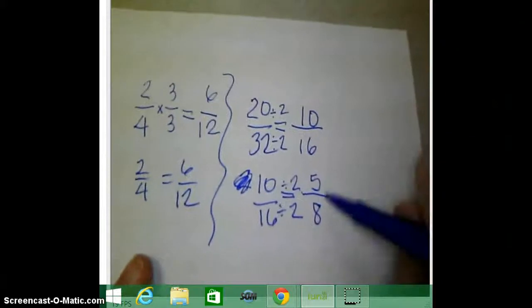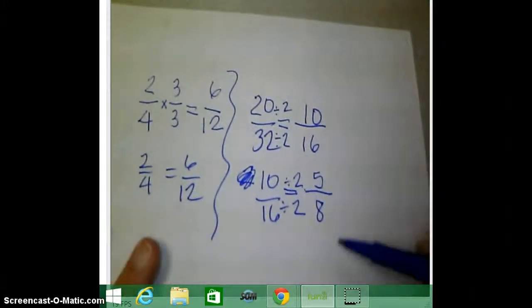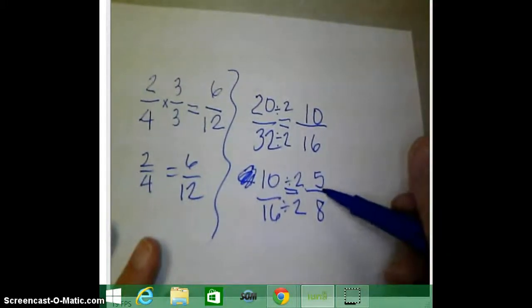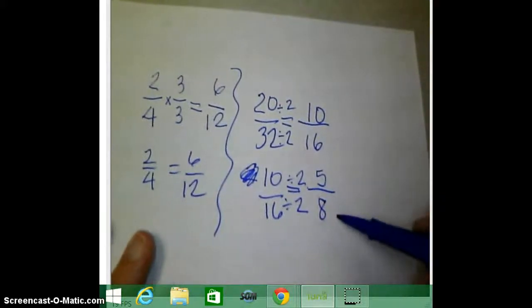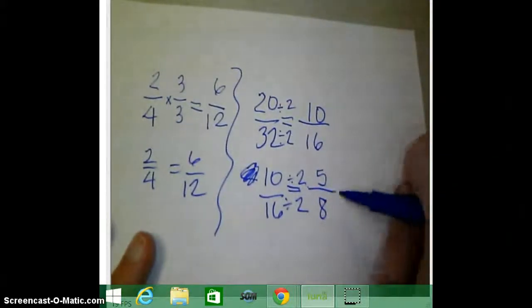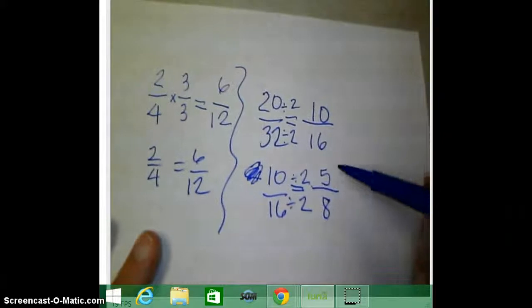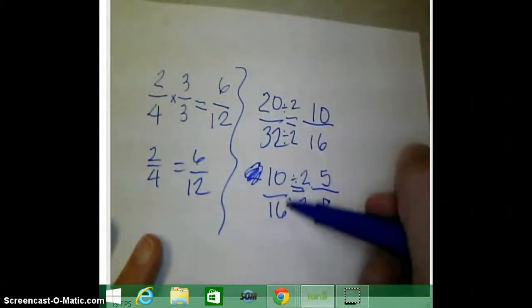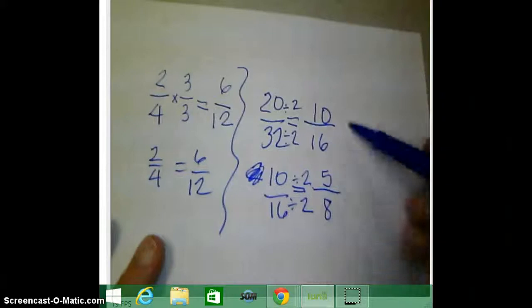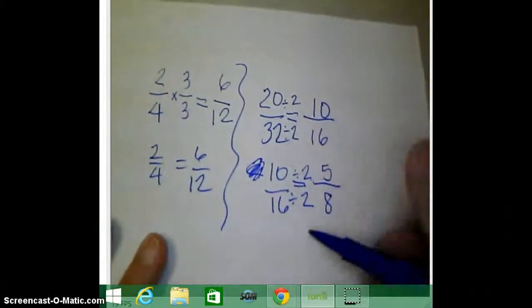Well, remember I said in another video that 5 is a prime number and 8 is composite, but it doesn't matter because this is lowest terms. So I could say that 5/8 is the same as 10/16. I could even say that 20/32 equals 5/8.